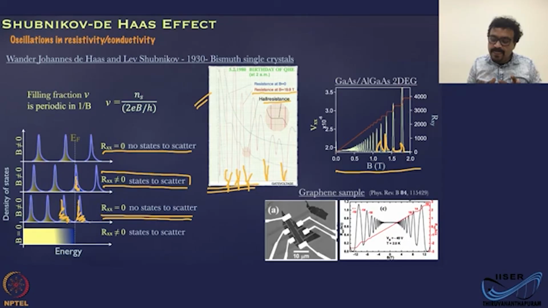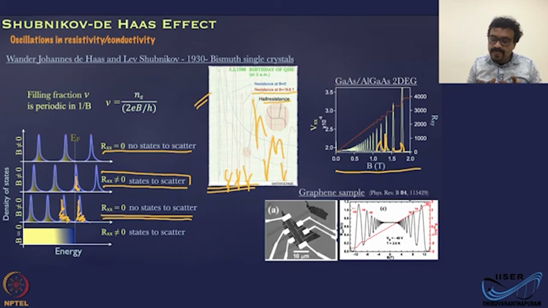Whenever there are states, you will measure resistance. That is when you are going to get these peaks. And this splitting is because of the spin splitting.